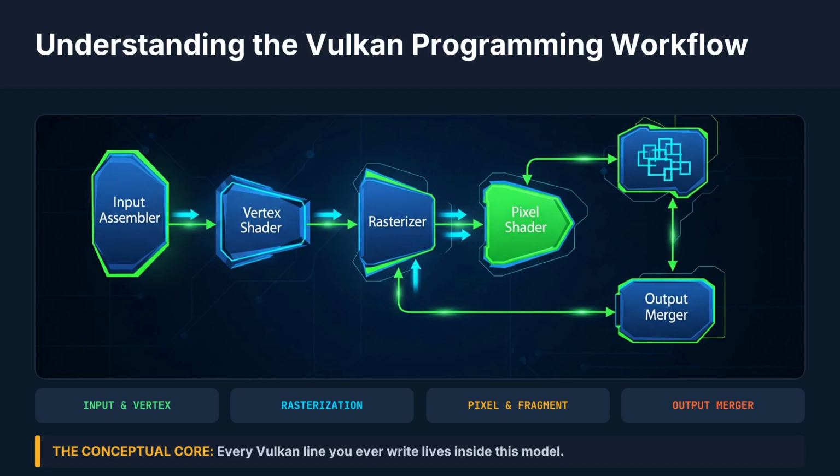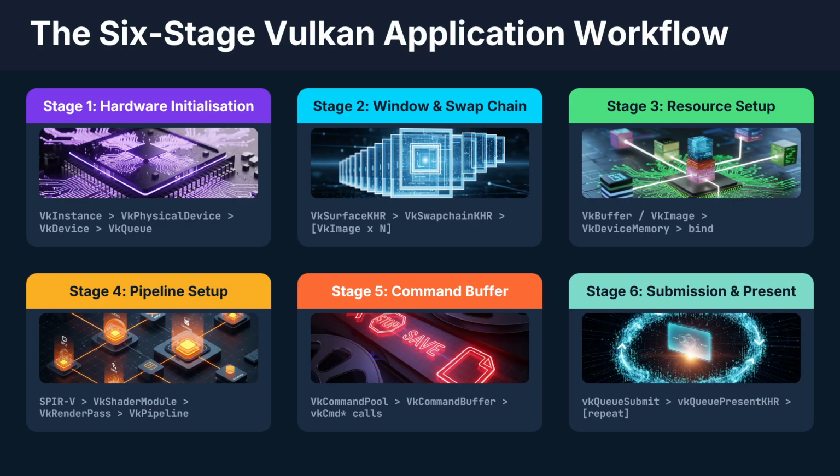We will discuss this more in the upcoming slide, so I'll just move to the next slide. Now there are 6 stages of your Vulkan application. We will discuss these stages one by one in detail, but here is the high level simplified overview. The very first thing you will see is that we do the hardware initialization.